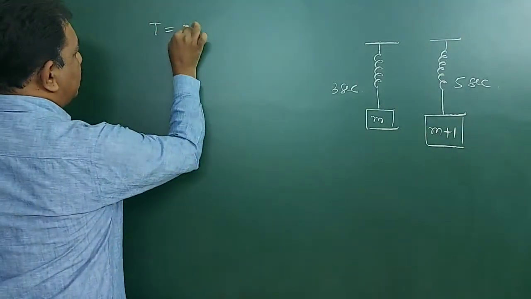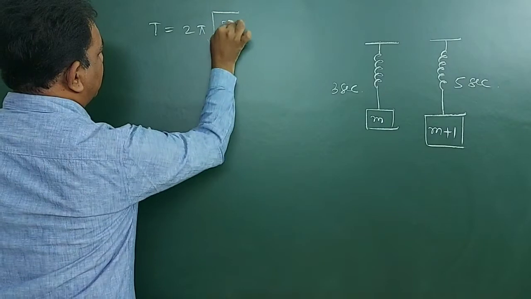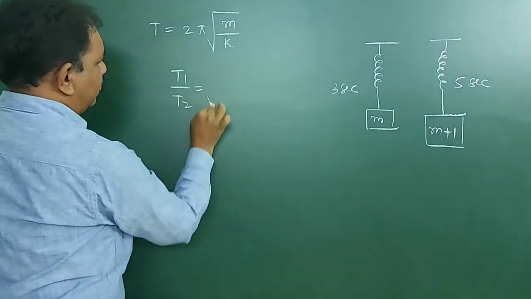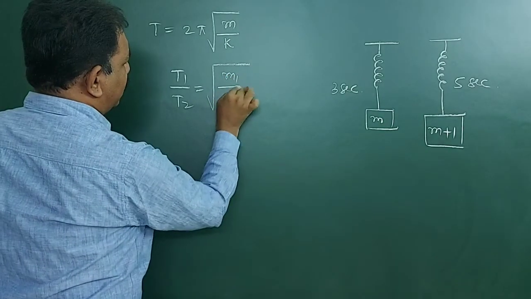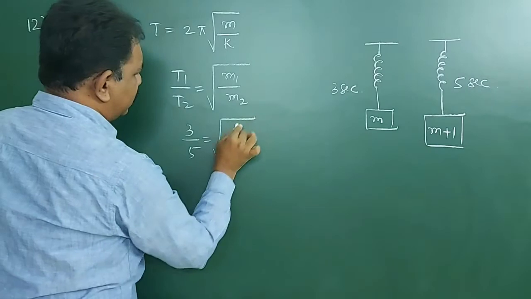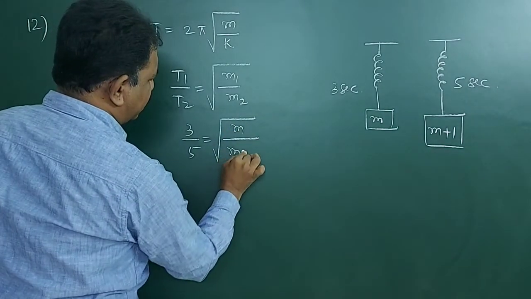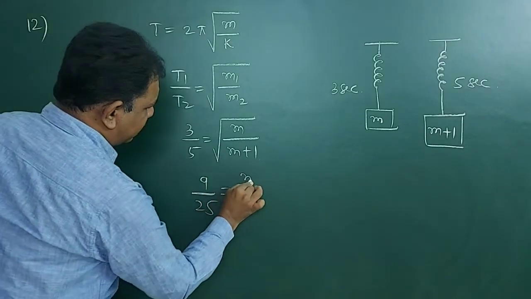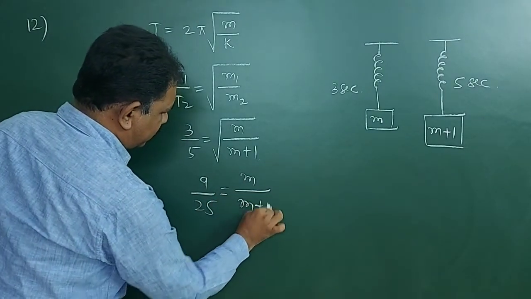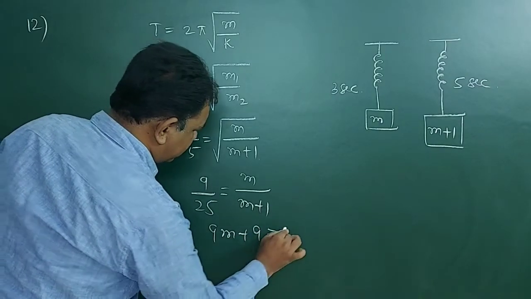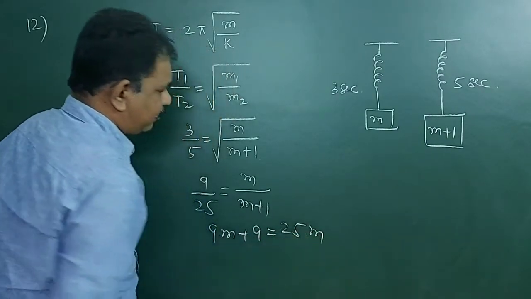T is equal to 2 pi root of m by k. T1 by T2 is equal to root of m1 by m2. 3 by 5 is equal to root of m by (m plus 1). 9 by 25 is equal to m by (m plus 1). 9m plus 9 is equal to 25m.